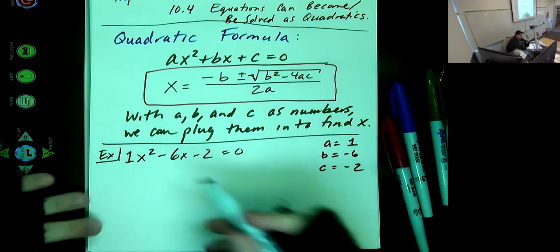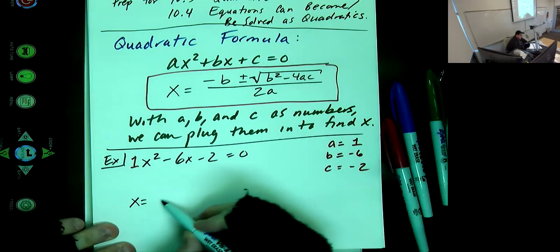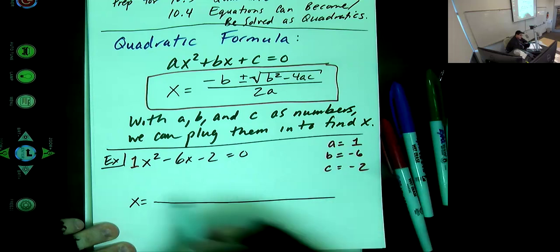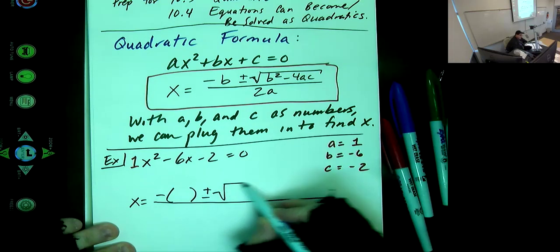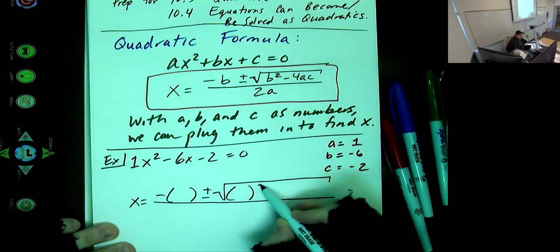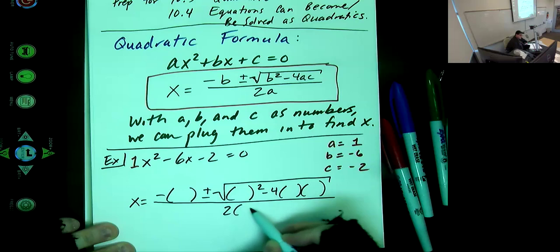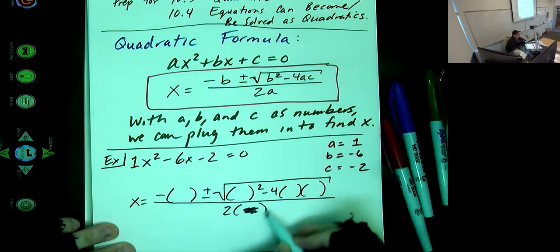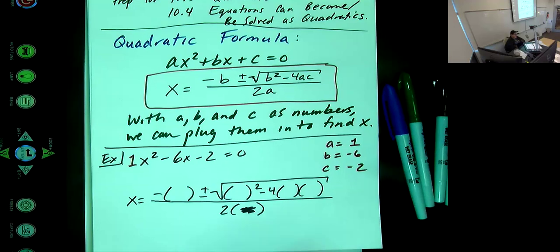You might find it better, it's a little more work, but go ahead and set it up with parentheses for every letter. Oh, I didn't want to write the letter a, just leaving it blank. Then we're going to go through and plug in what the letters are.